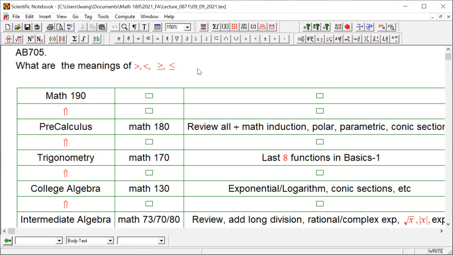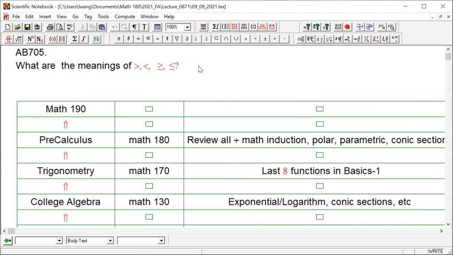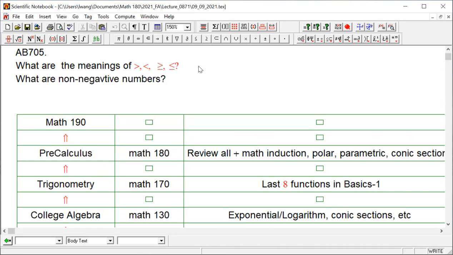Another question is: what are non-negative numbers? What's the difference between non-negative numbers and positive numbers?